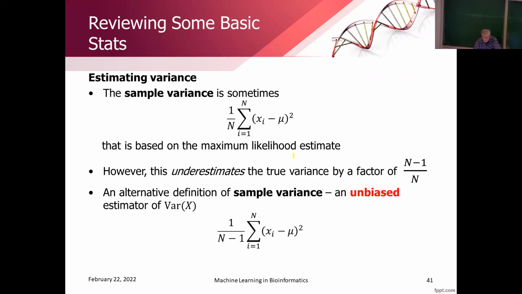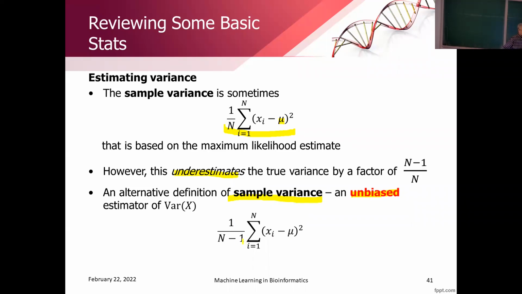Okay, so if we use the sample mean mu for the sample variance, then this formula is not correct, because it underestimates the true variance by a factor of n-1 divided by n. So the correct formula for sample variance, which gives us an unbiased estimate for the variance, is the sum of square differences divided by n-1.